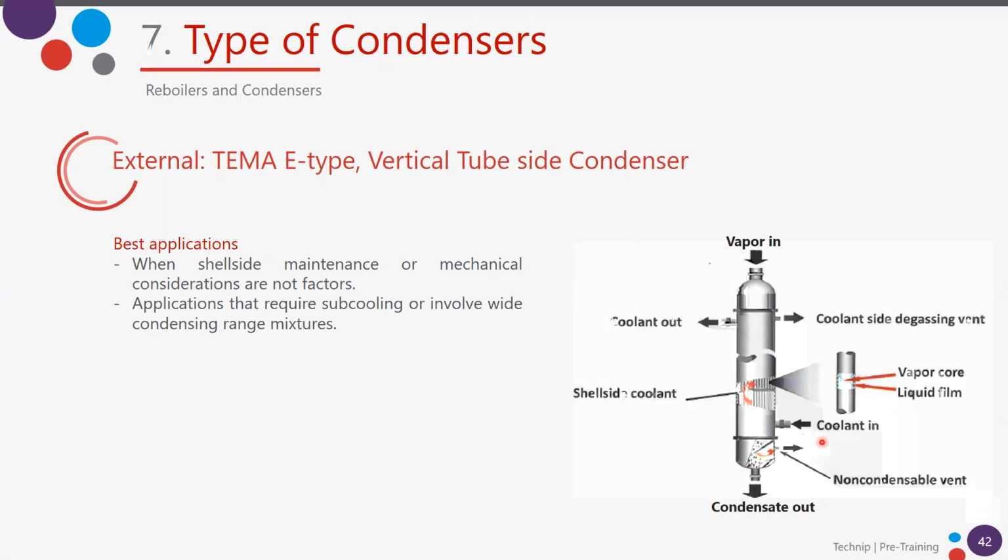And the upper tube sheet is also provided with a vent to prevent any condensable gas, such as air, that may enter with the coolant from accumulating in the space between the tube sheet and the upper coolant nozzle.